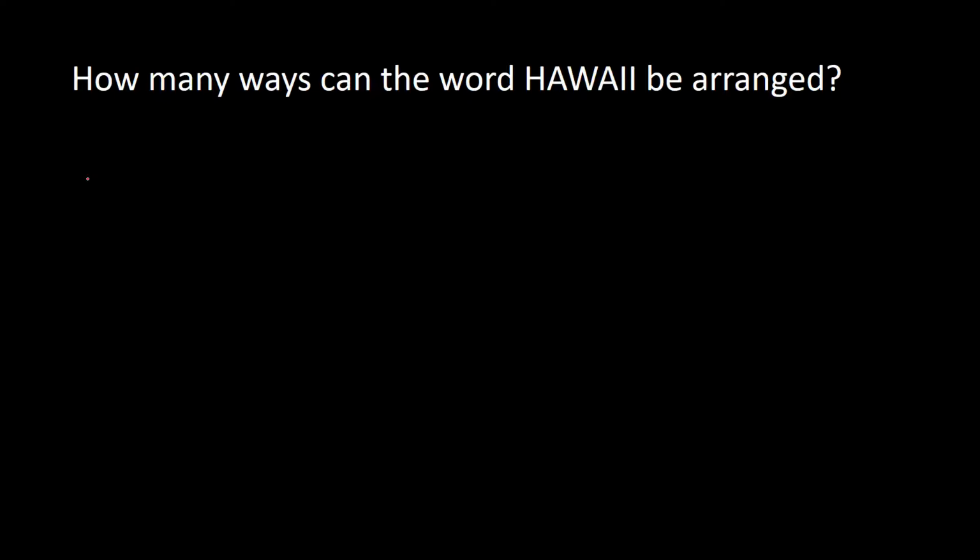Here's another example. How many ways can the word Hawaii be arranged? So we have 1, 2, 3, 4, 5, 6 letters. So we're arranging 6 letters, so I have 6 factorial. And then I divide out the repeats. I have 2 A's, so I divide by 2 factorial. Then I have 2 I's as well, so I divide by another 2 factorial.